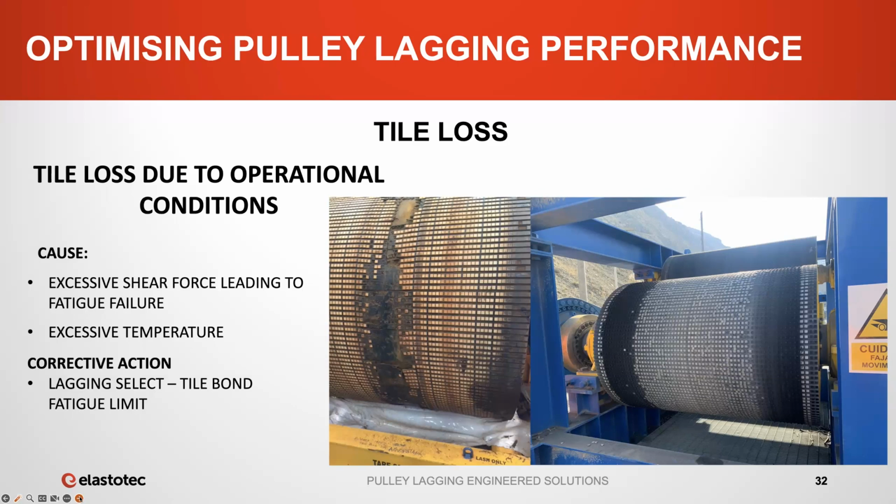The photo on the right shows a failure that appeared in a much shorter time frame and was due to very high shear forces along the edges of the belt. This type of failure typically requires a lagging select analysis to determine what's causing it and then what can be done to try and avoid it.